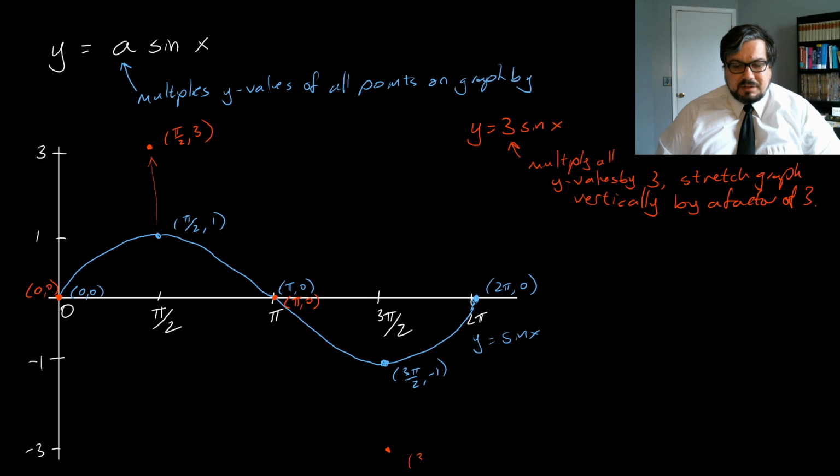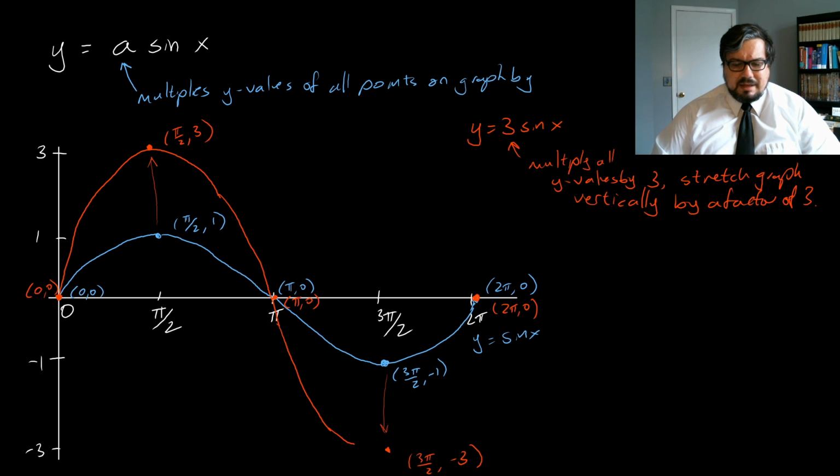Then we'll get the point 3 pi over 2, -3, because that's -1 times 3. And then 2 pi, 0. And so if we connect these up, we get the following graph, which is an elongated version of the original one. So y equals 3 sine x gets stretched out this way.